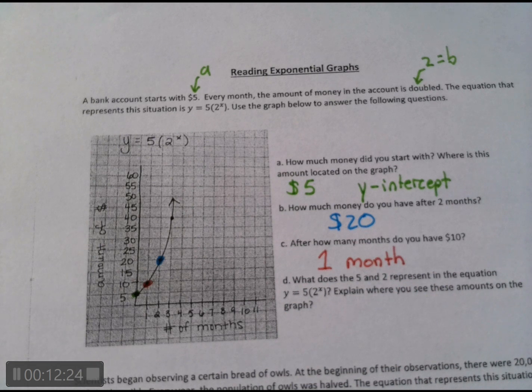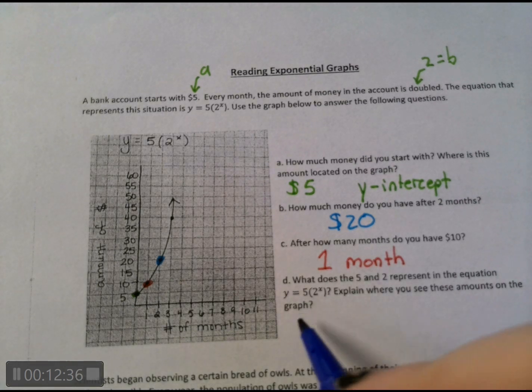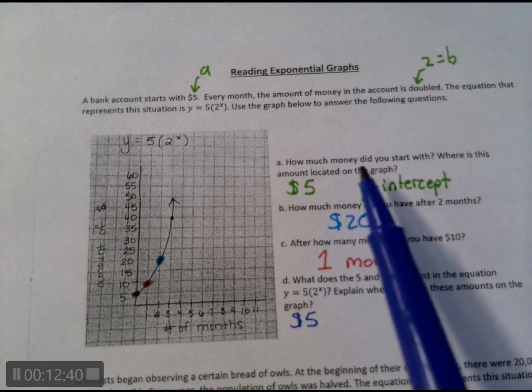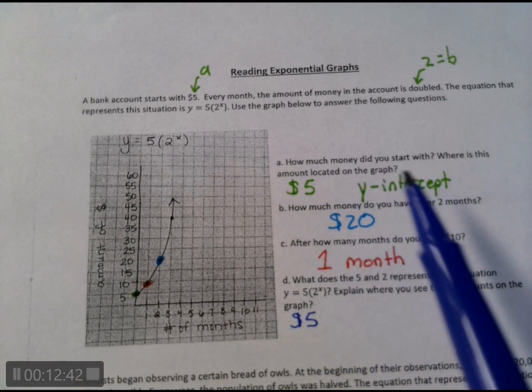So then, what does the 5 and the 2 represent in our equation y equals 5 times 2 to the x? Alrighty, so we already said that our $5 was our starting amount, because it even said so. How much money did you start with?